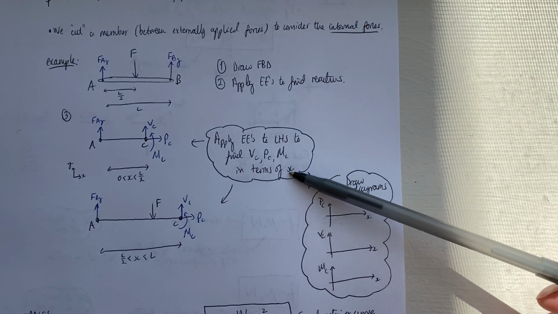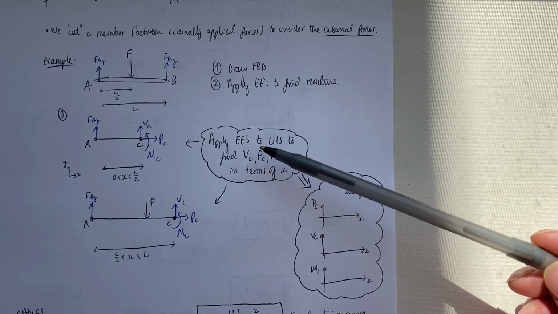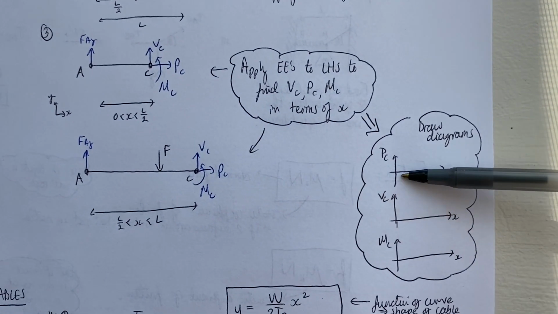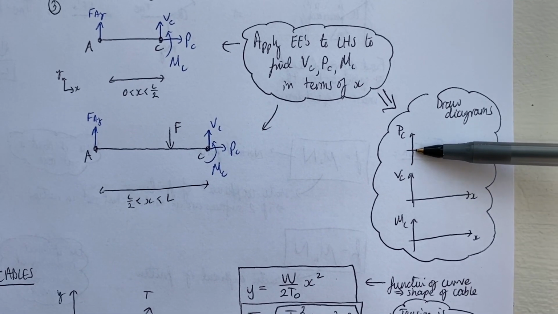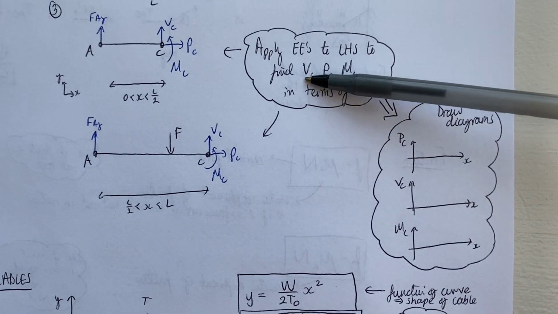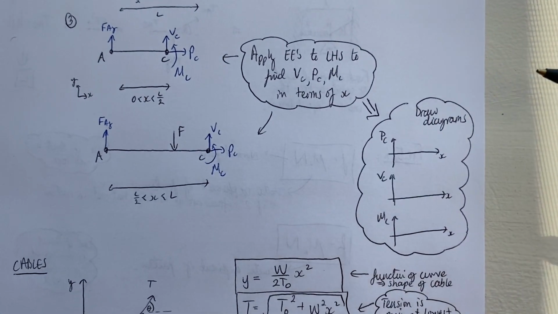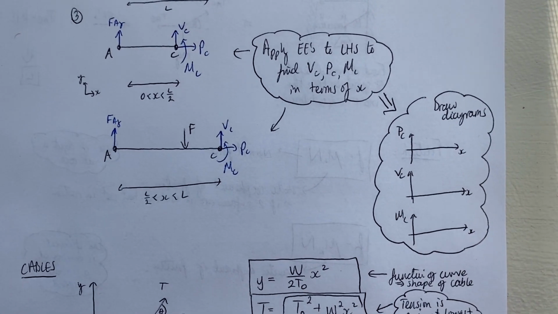And that then obviously describes how those internal forces change as I move along the beam. So then I can draw a graph or a schematic of how these 3 internal forces change as I move along the member.